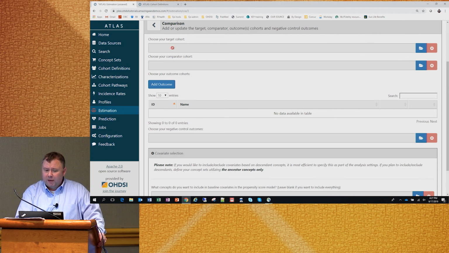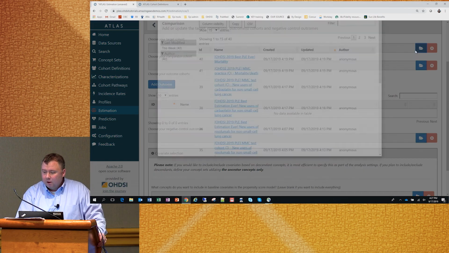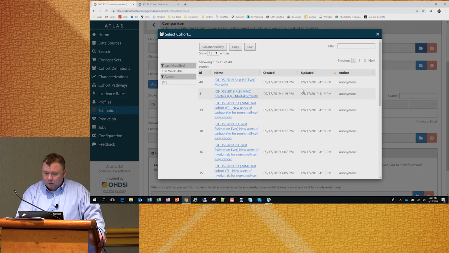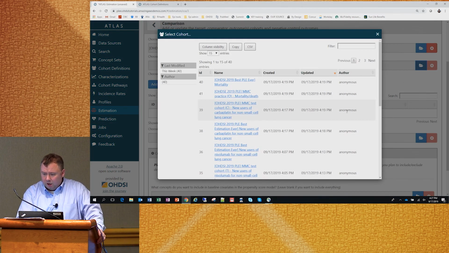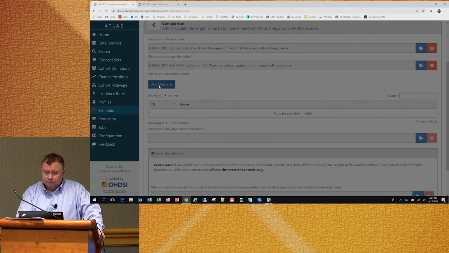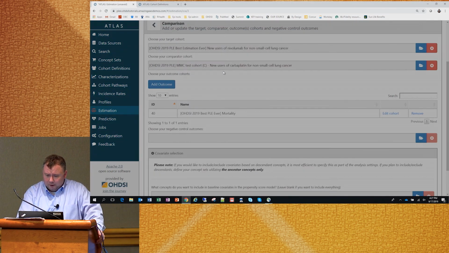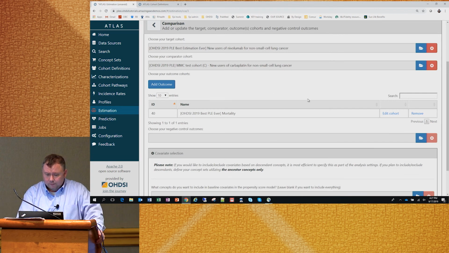We have to choose our target, our comparator, and our outcome. Well, that's the exercise that we just went through. We created a target cohort, which was nivolumab. We created a comparator cohort, which was carboplatin. And we created an outcome, which was mortality. So these are our T and our C and our O.